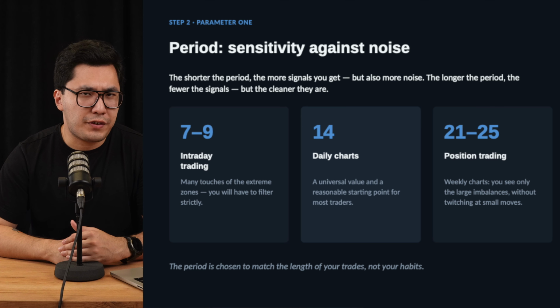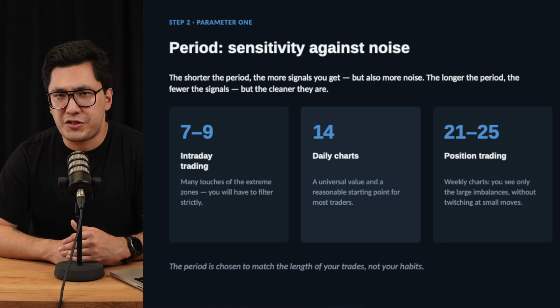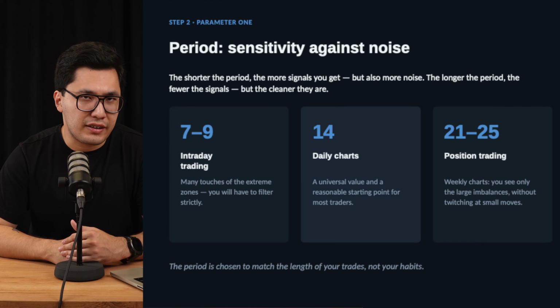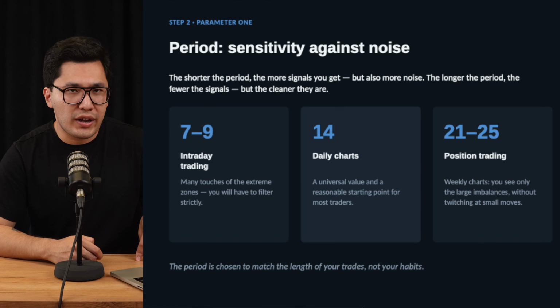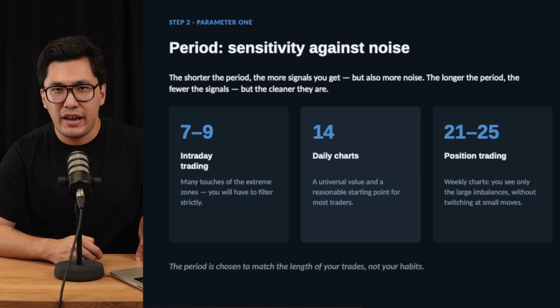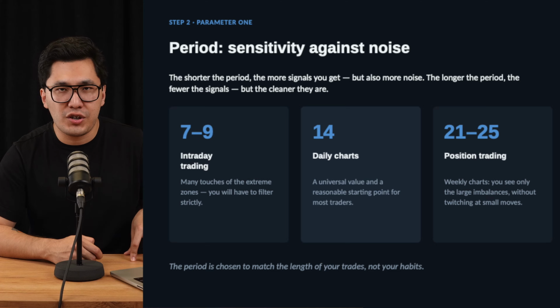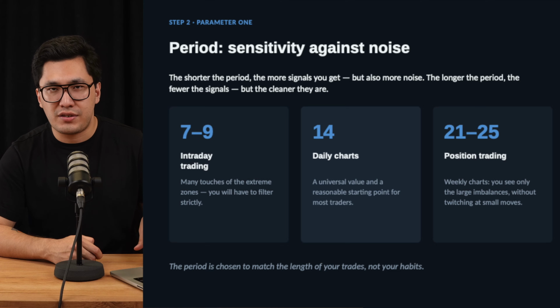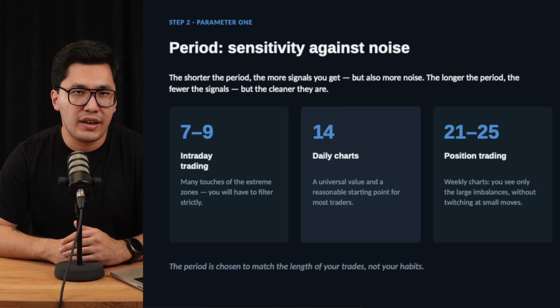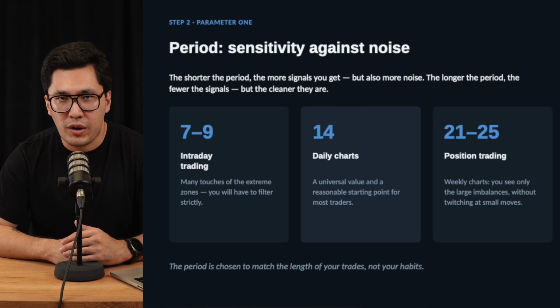You will get a lot of readings that touch the extreme zones, and you will have to filter them strictly. A period of 14 works well for daily charts in general. A period of 21 to 25 is used for position trading on weekly charts, when you only want to see major imbalance and avoid reacting to small fluctuations.